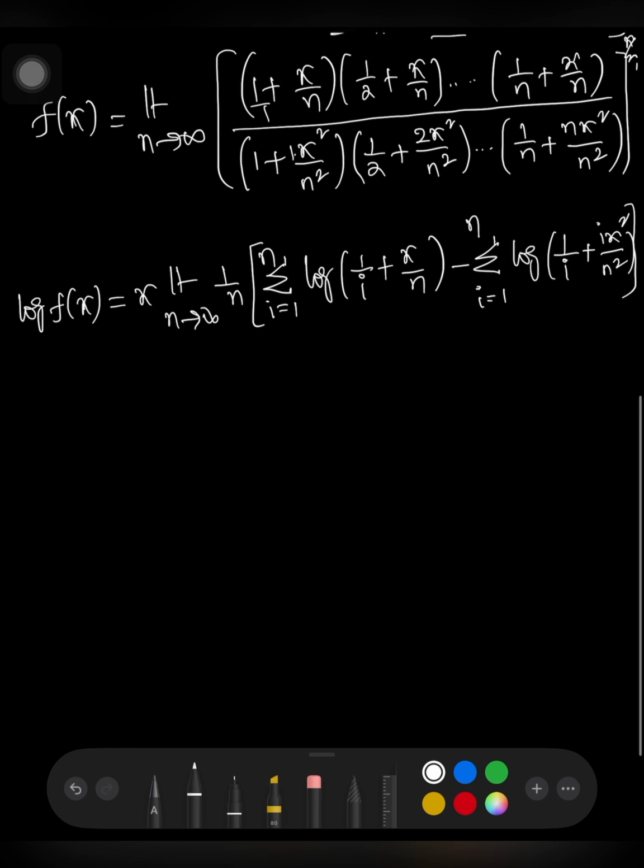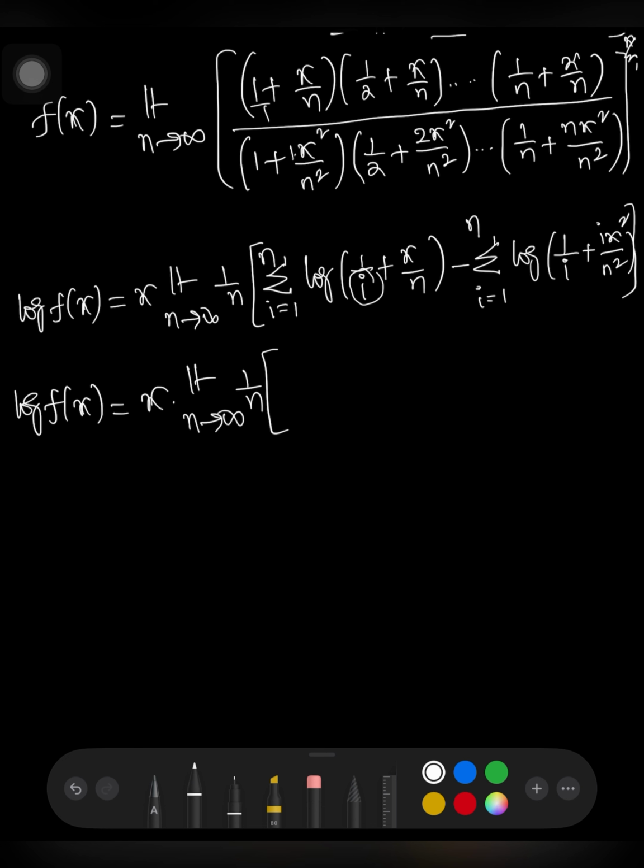Correct. Now log of f of x equals x into limit n tends to infinity 1 by n into, now here I'll take i as LCM, so it becomes 1 plus i x by n. Here also I can take i as LCM. After that, separate the i and cancel it from the log, because if I take i LCM, log of 1 by i can be written separately, here also log of 1 by i, and plus log of 1 by i minus log of 1 by i will get cancelled.